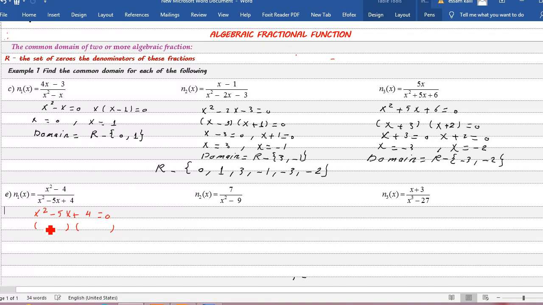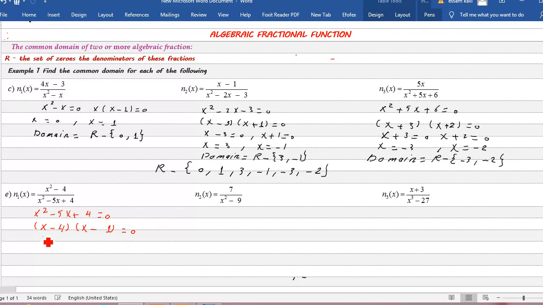Factorizing x power 2, it becomes x and x, and 4 times 1, sign positive, so the two signs are the same as the middle term, equal 0.